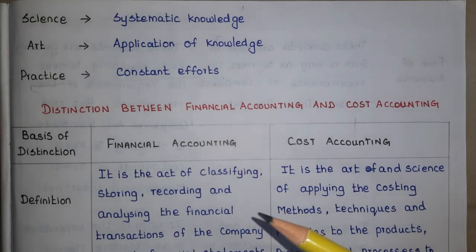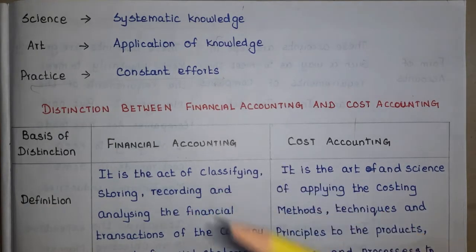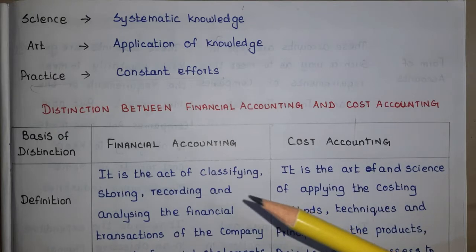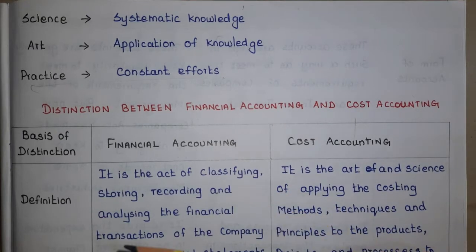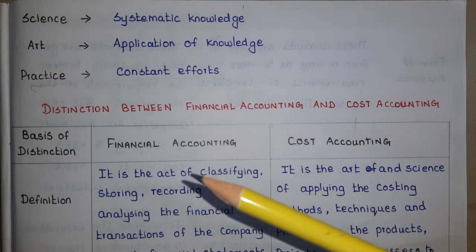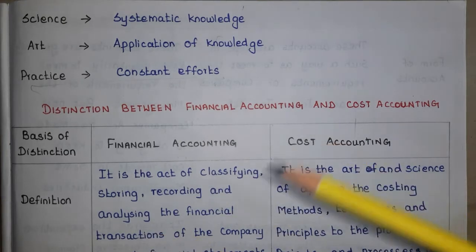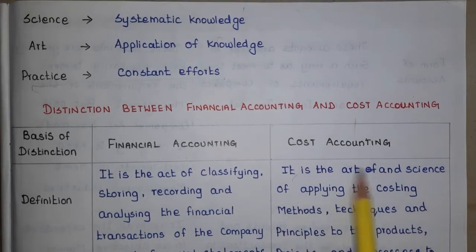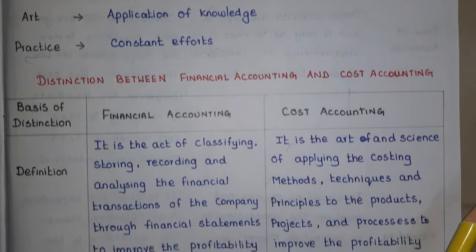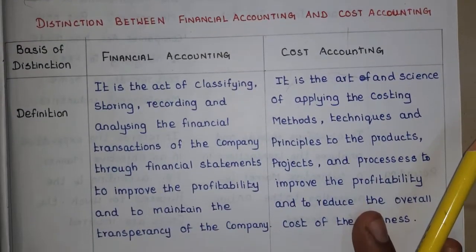Cost accounts are very closely related to financial accounts. Financial accounts and cost accounts are similar in certain aspects, but in some other aspects they differ from each other. The points of dissimilarities are given below. Here are the bases of distinction between financial accounting and cost accounting.